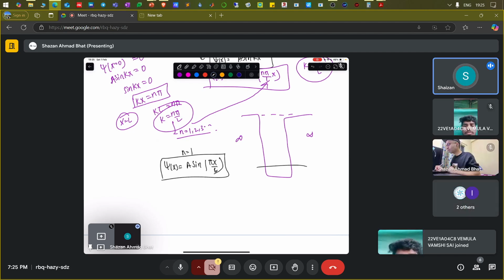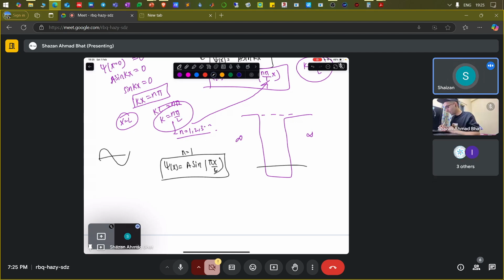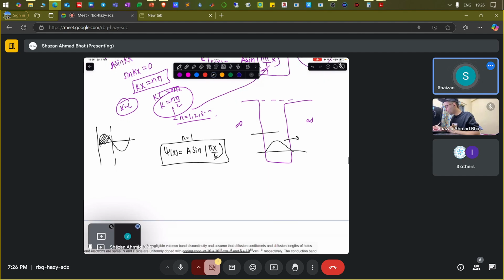So you have the n equals 1 level, and you have a half cycle of the sine. The full cycle of a sine looks like this. This is the half cycle of the sine. So you have this particular shape as the electron wave function. Similarly, if you plot for other levels, you get something like this, and so on and so forth.